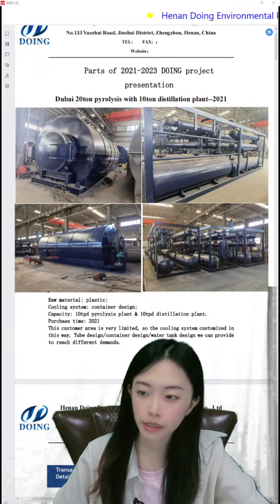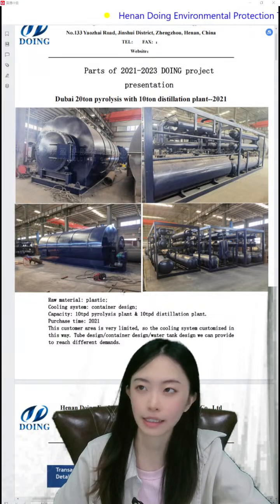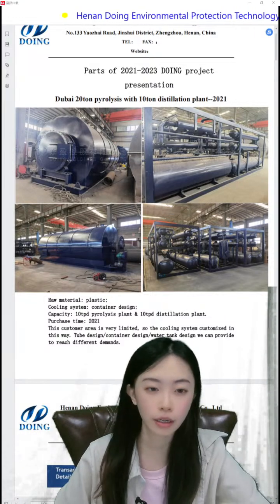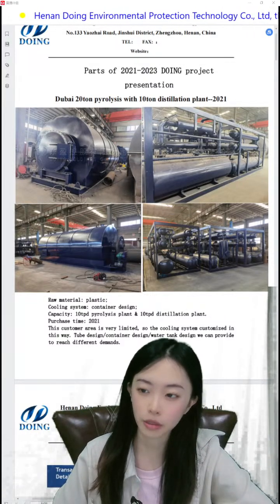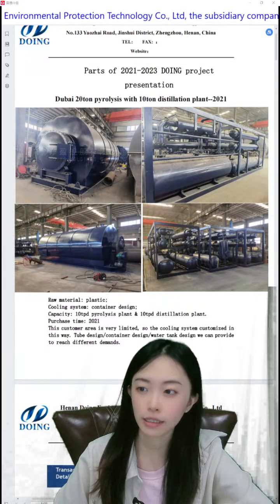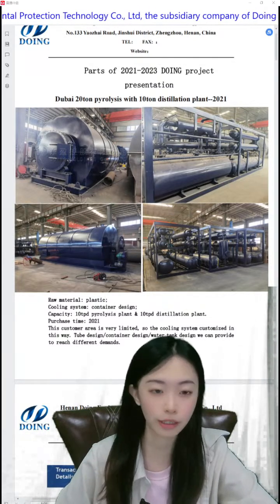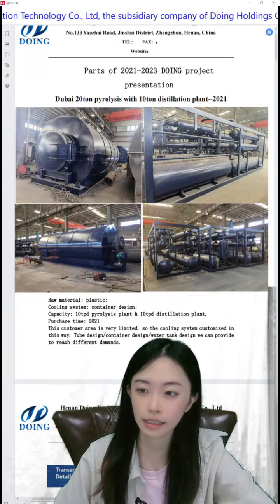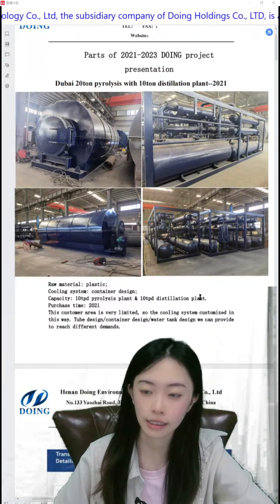Well, his raw material is, you can see, it's plastic, and this client bought two kinds of equipment. One is the pyrolysis plant, and the second is the distillation plant.